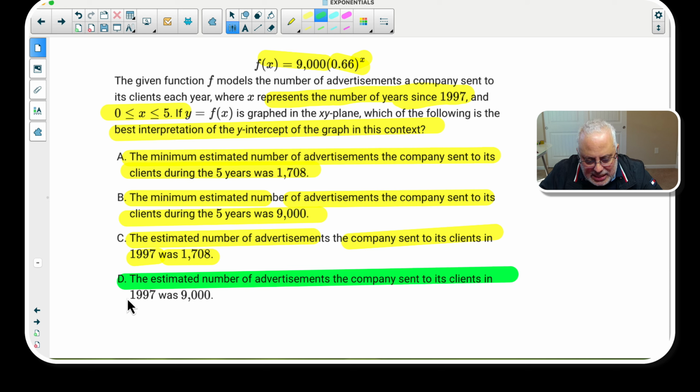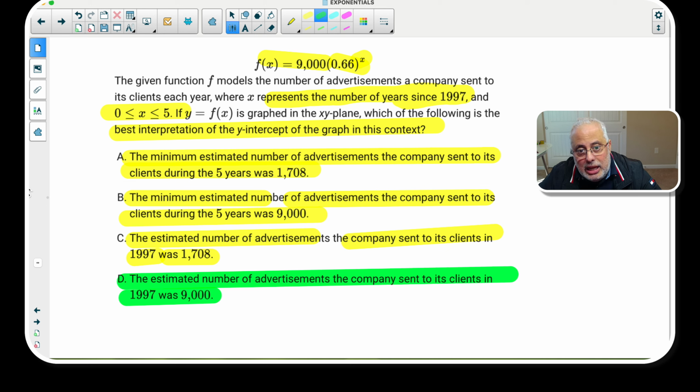In 1997 was 9,000. So 1997 is the first value of the domain, x equals 0. For x equals 0, the answer is 9,000. And x represents the number of years since 1997.